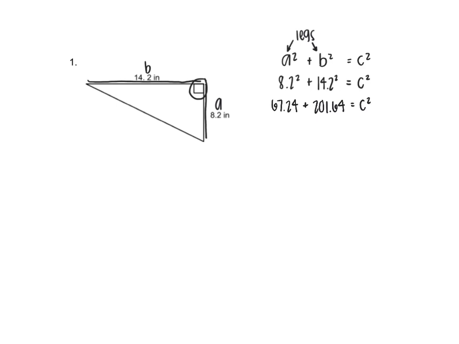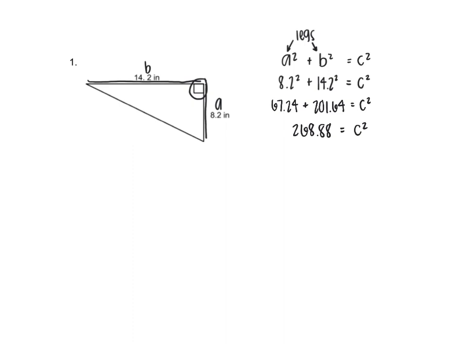We're then going to add those two values together to see what a squared plus b squared truly is, using our calculator for all of these steps so we don't make any calculation errors. When we add those together, we get 268 and 88 hundredths, and that is equal to c squared.